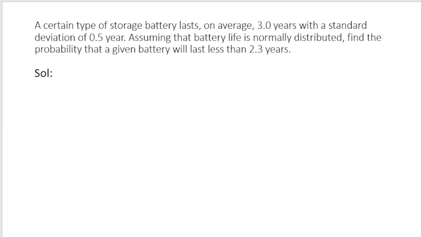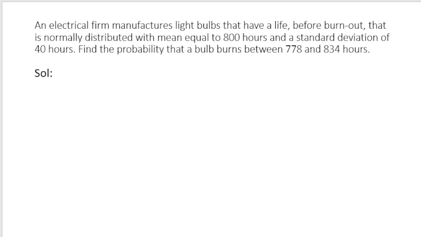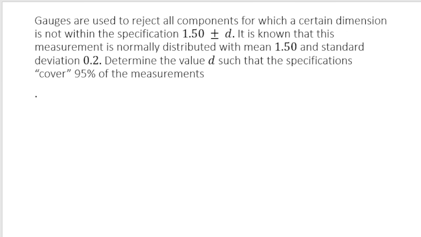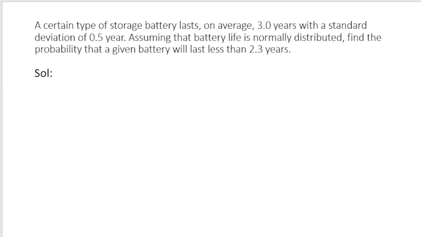Now I'm going to solve some real world problems so that you understand it better. So we have 4 questions, and let me see how much time it takes to solve the remaining 4 questions. Okay. So a certain type of storage battery lasts on average 3 years.